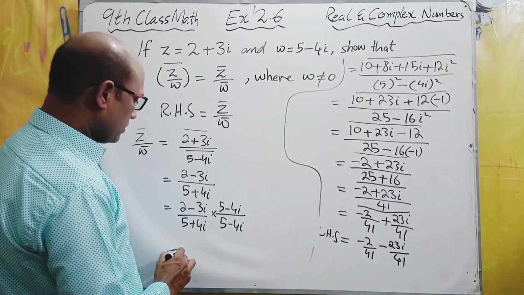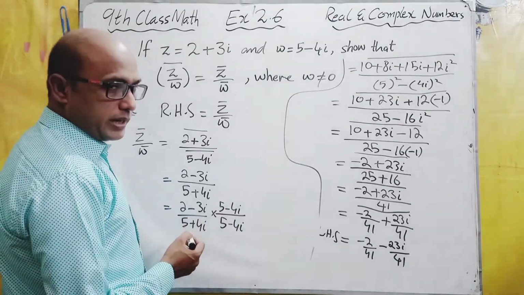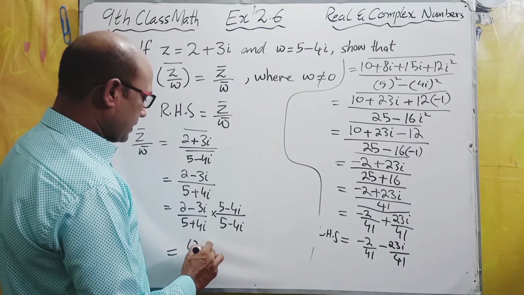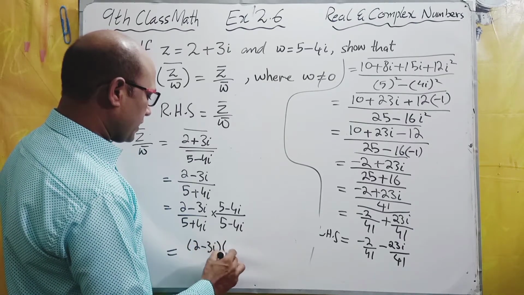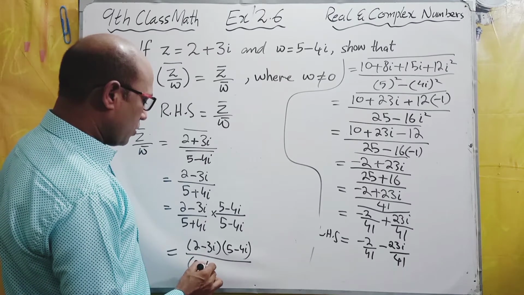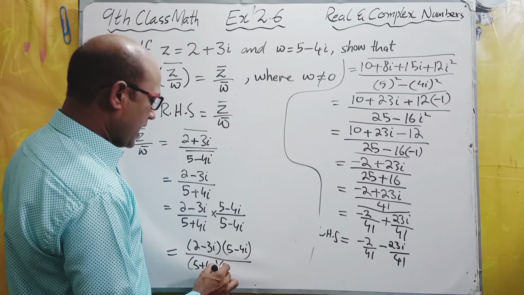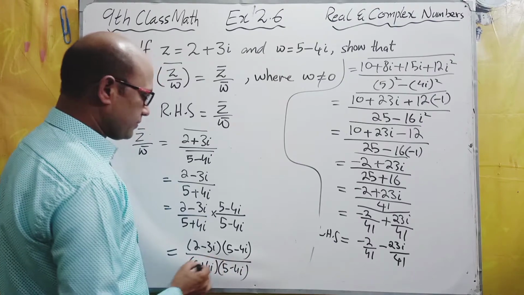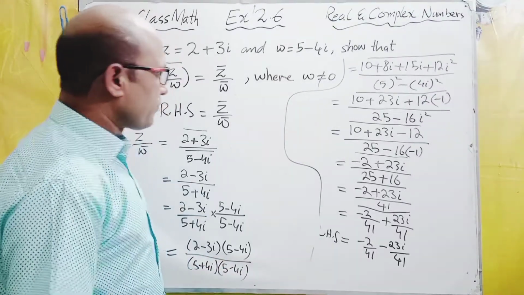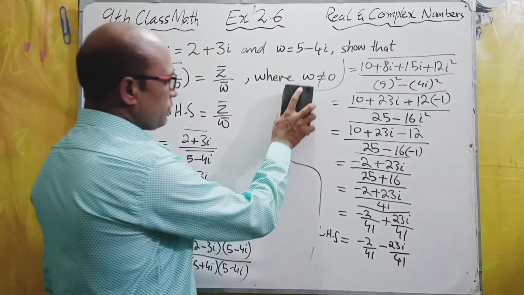Now the numerator and the denominators will be written combined in the numerator and the denominator. Now 5 plus 4 iota into 5 minus 4 iota, they are multiplied.